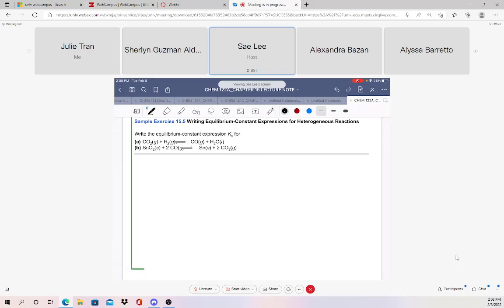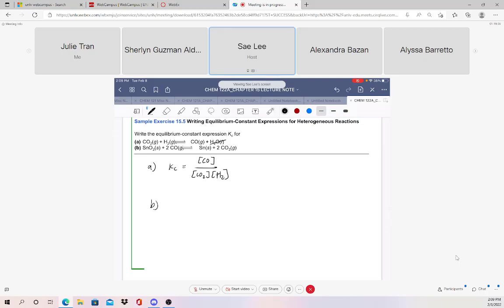Let's try a sample exercise. We write the equilibrium constant expression for Kc. Very simple. For A, we have a pure liquid, which is water. We're going to exclude this from the equilibrium constant expression. So the Kc is going to be something like this.